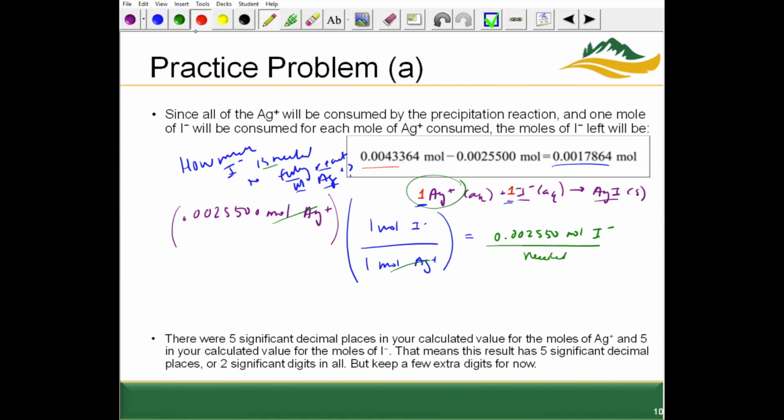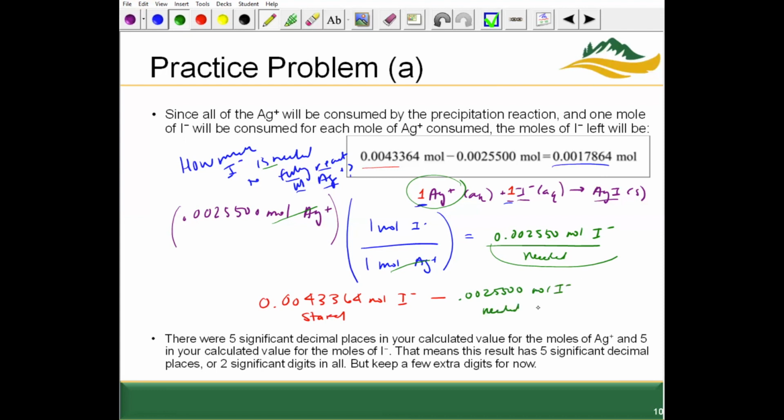So how much is left over then is our initial amount of I minus, so 0.0043364 moles of I minus. This is how much we started with, minus how much we're going to need to use up to match how much silver there is. So now this is 0.0025500 moles of I minus.